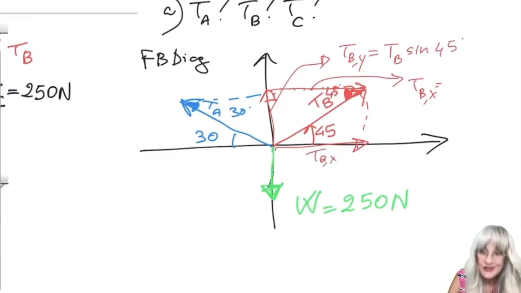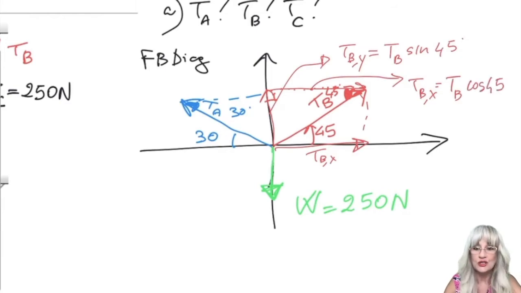X component on the x-axis. And TB of x wants the hypotenuse, tension in cable B. Since it is adjacent, I'm going to put cosine of 45. They are both positive components, pointing up toward the positive y-axis, pointing right to my positive x-axis.